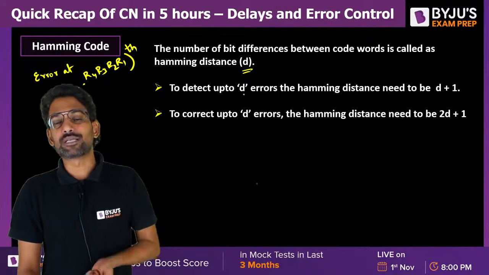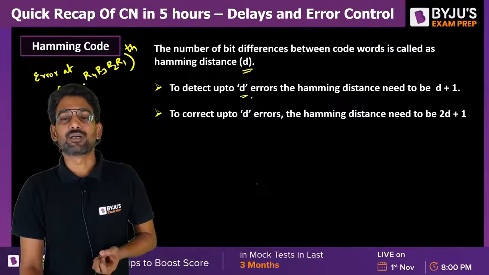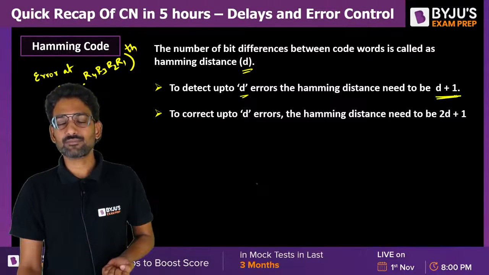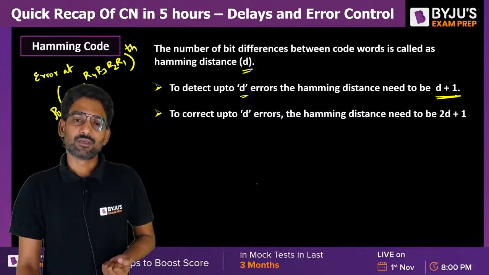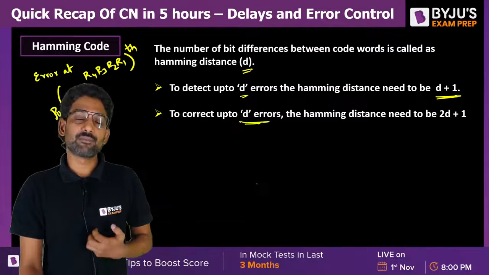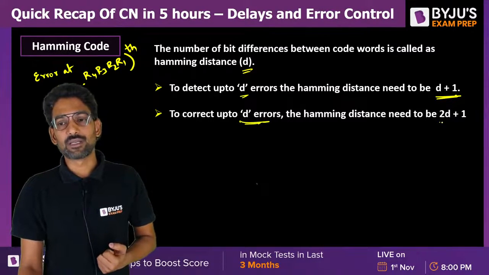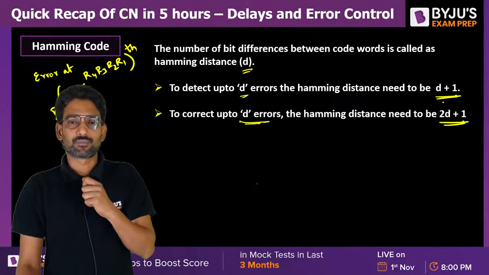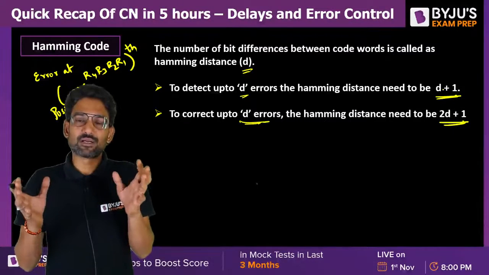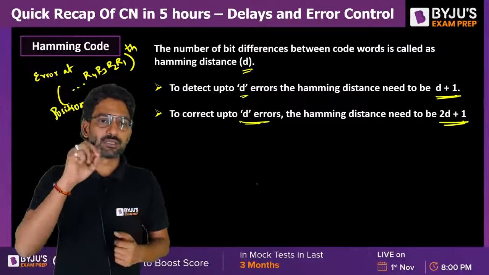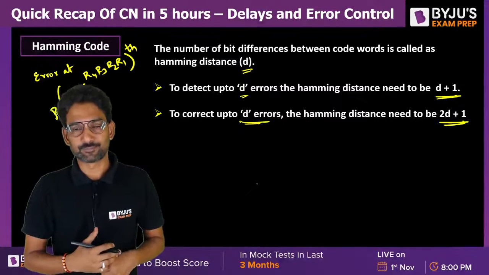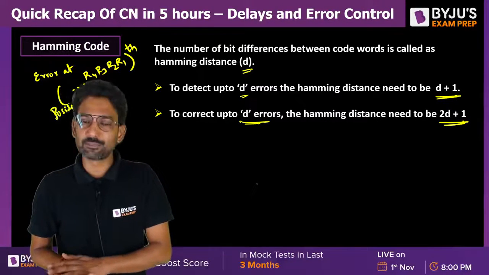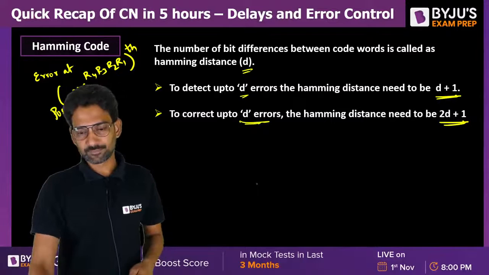If you want to detect D errors, the minimum Hamming distance should be D plus 1. If you want to correct the same D number of errors, the minimum Hamming distance should be 2D plus 1. Now I am not explaining how it is, I am just recalling it, reminding you about this. So it is a very important point, please do remember.